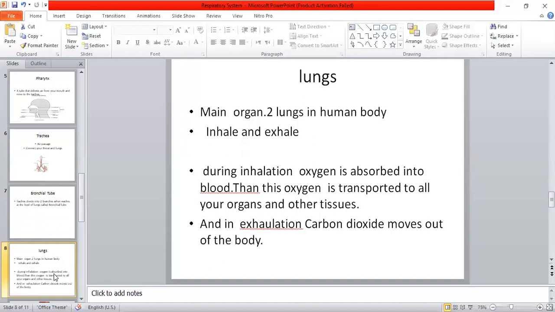From the blood, oxygen is transported to all the organs and other tissues. And when we exhale, carbon dioxide moves out of the body using the same passage from which air or oxygen enters. The same process applies for moving out the carbon dioxide.